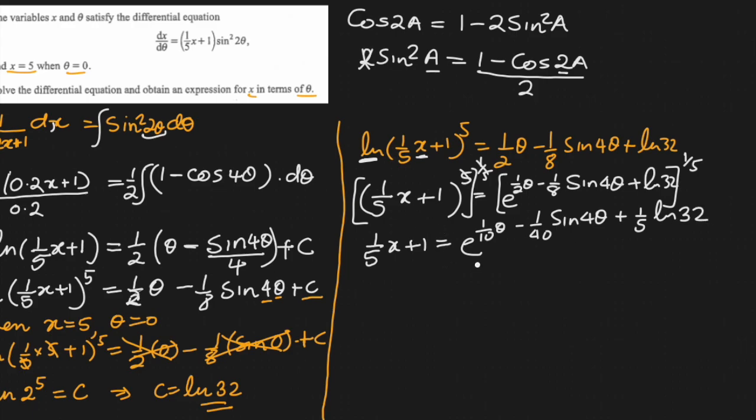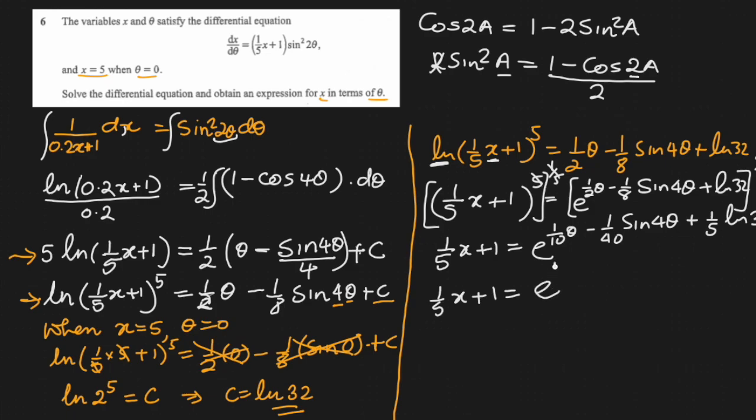Since they are all powers of e, we can separate them. So 1 over 5x plus 1 is equal e to the power 1 over 10 theta minus 1 over 40 sine 4 theta multiplied by e to the power 1 over 5 natural log 32.